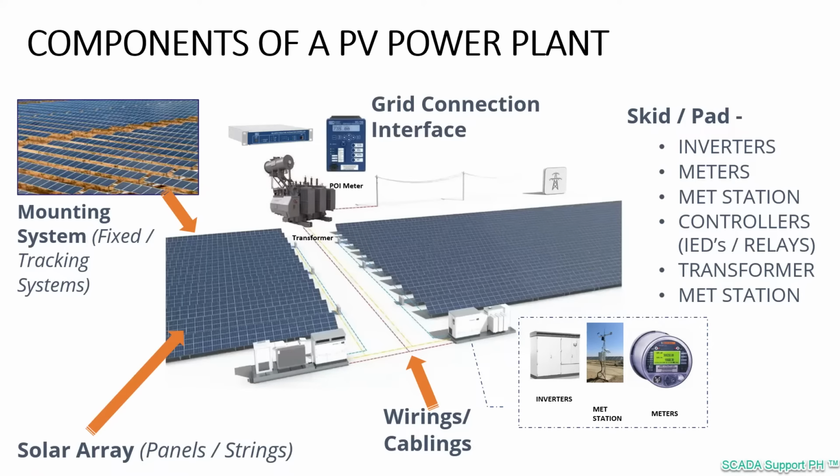And at the top, you have your grid connection interface. This is collectively known as your substation, where controls are imposed, as well as where electricity is exported into the grid network.